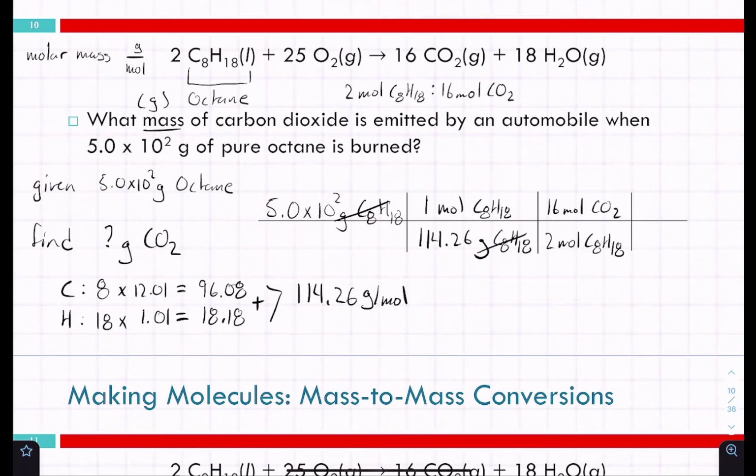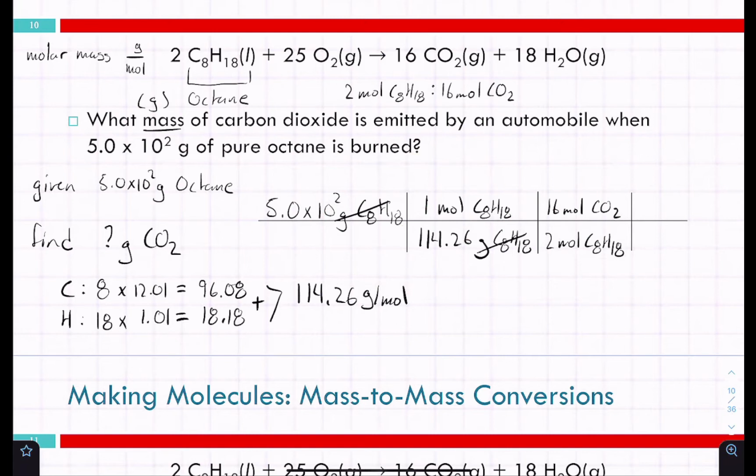I'm not sure exactly what to call it. Stoichiometry equation here, right? So if we want to get rid of grams of octane, then we're always going to put grams of octane down here. If we want to get rid of moles of octane, then moles of octane goes down here. And then the units that we want always go on top.